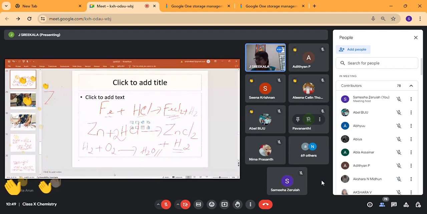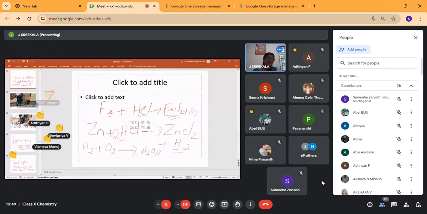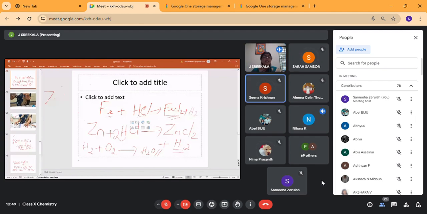Another question. Dilute hydrochloric acid and magnesium. What is the symbol of magnesium? Mg. Okay, write the equation.